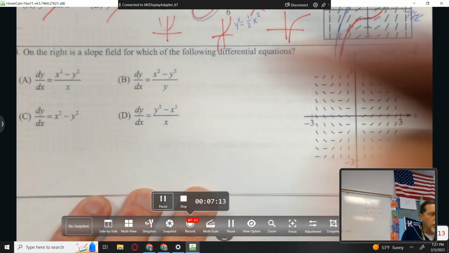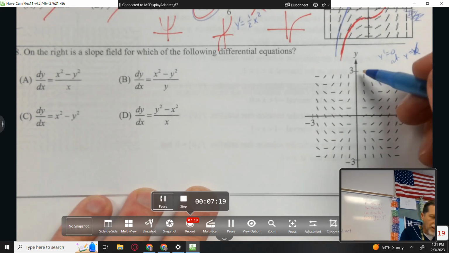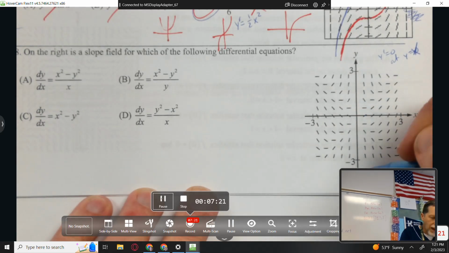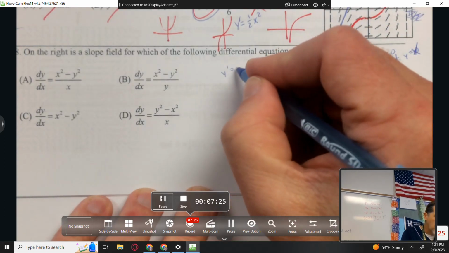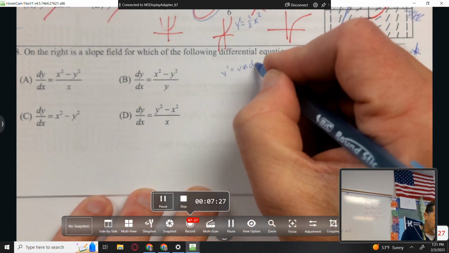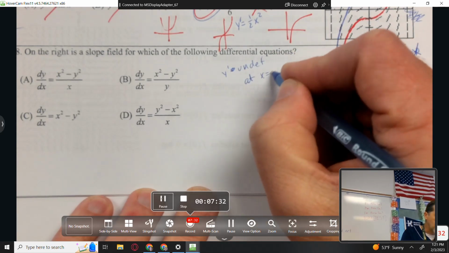That doesn't help at all. They all match that criteria, so that's no good. It looks like it's undefined when x is 0. Y prime is undefined at x equals 0.